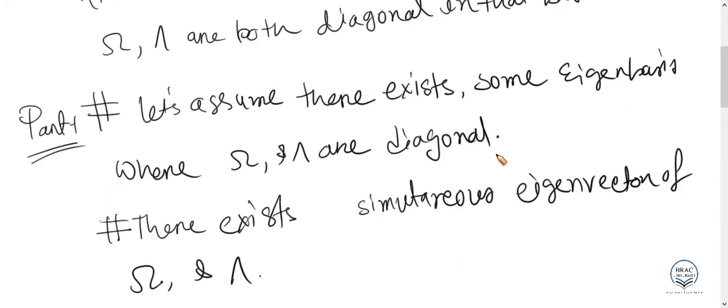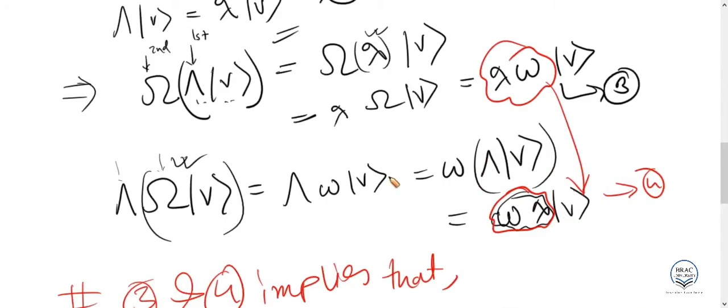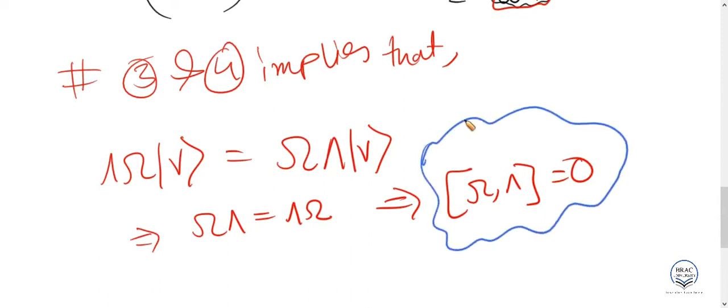So what we did here is that we first assumed that we can simultaneously diagonalize them, because we are finding one such basis where both of these matrices, or both of these operators, are diagonal. And if we assume that, finally we arrive at a conclusion. To satisfy our diagonalization, we need to have this condition as well, that is, they have to commute.